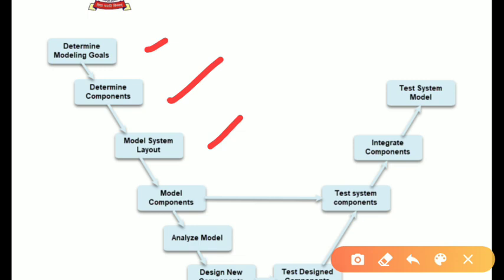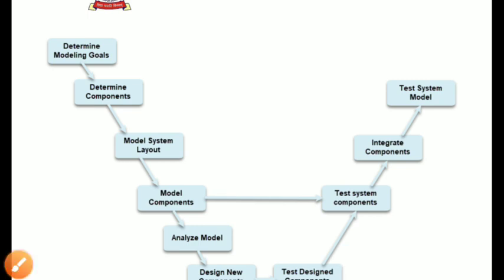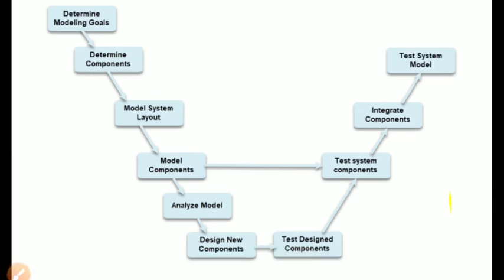After that we have to determine model components. To create a model, what are the required components? Because we have different types of models, we have different types of model components. After that, analyze the model: what you have designed, the layout of that model.